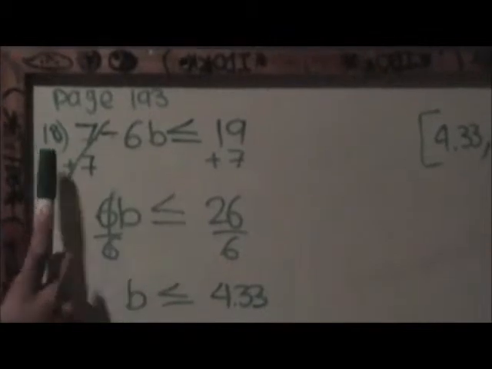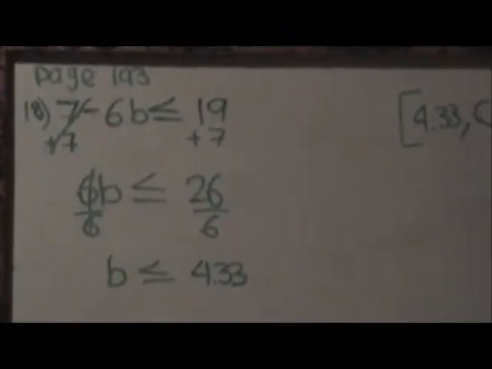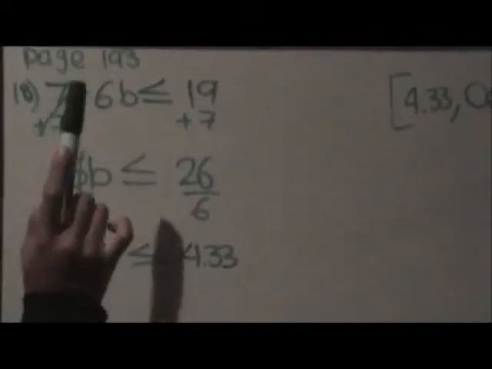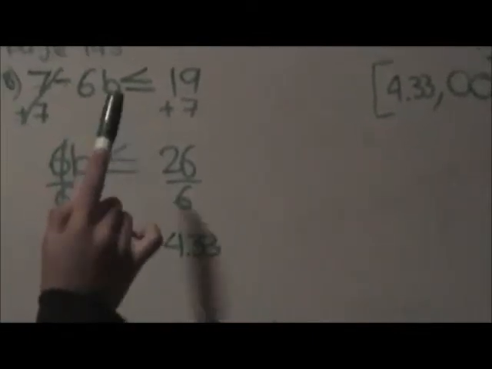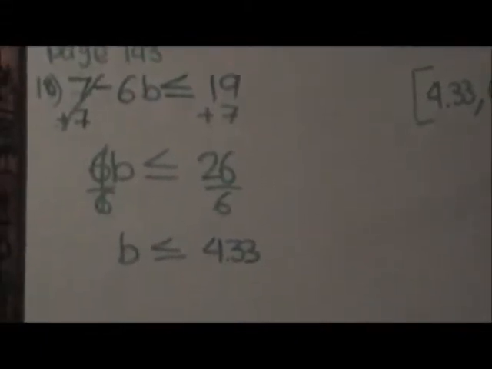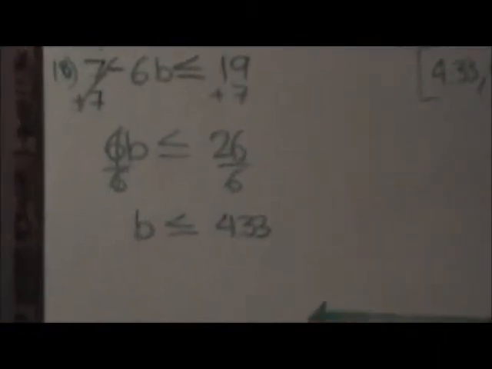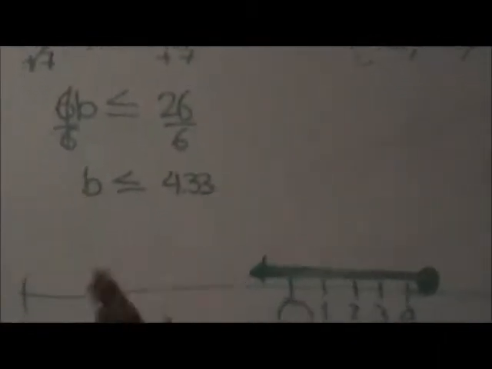Now I'm going to do number 18. The equation is 7 - 6b ≤ 19. For us to remove the 7, we make the addition of plus 7. The thing is that we can't leave the 7, because if we have less and more, it appeared to be minus.